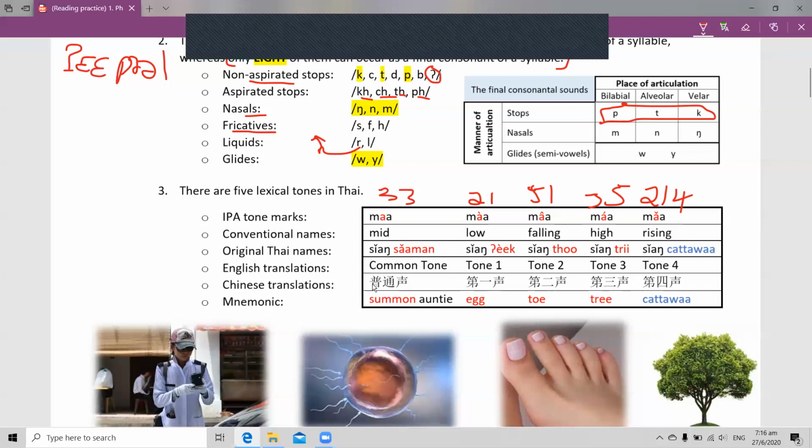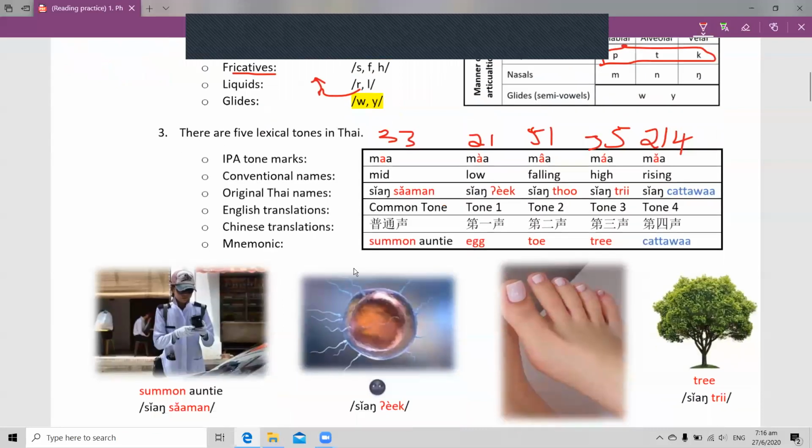In Chinese, we call them 普通声, the mid tone, 低声, the low tone, 第二声, the falling tone, 第三声, the high tone, and lastly, 第四声, the rising tone. Ek means 1, To means 2, Tri means 3, and Chatawa means 4 in Sanskrit, some Indian language.